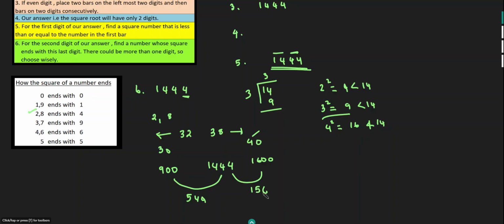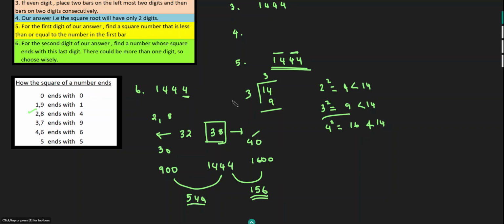So clearly 156 is a small difference compared with 544, which means the number whose square is going to be closer to 1600 is 38.